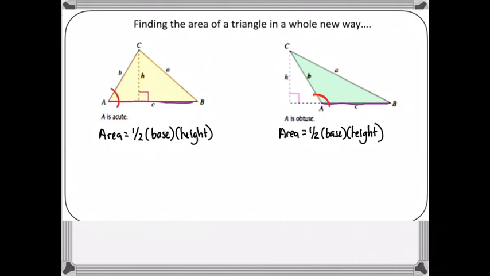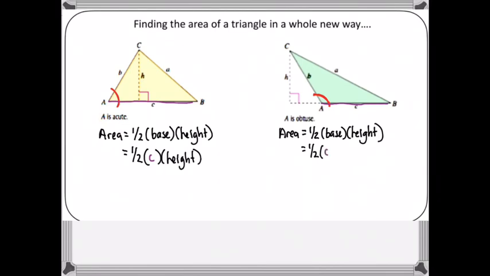So let's start to put the pieces together that we already know. Bringing things down, we would have 1/2, and the base in this case is just going to be that length of C. Then we would still have height, which we want to get rid of because it's kind of a pain, as we saw.